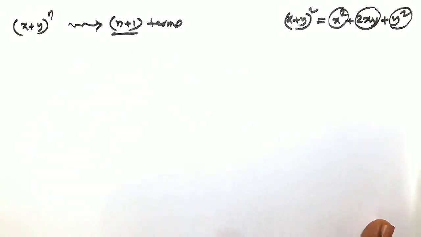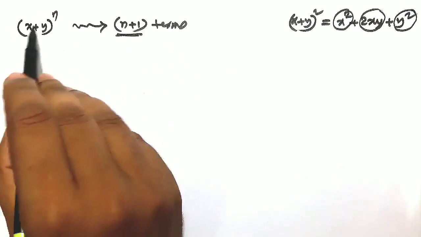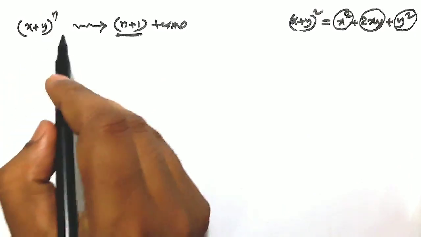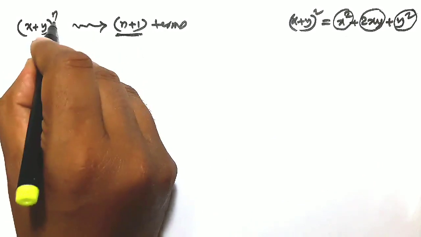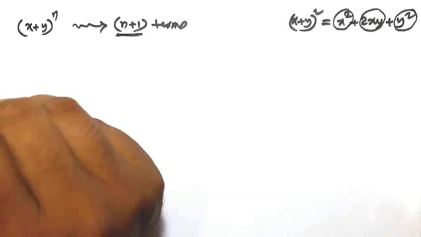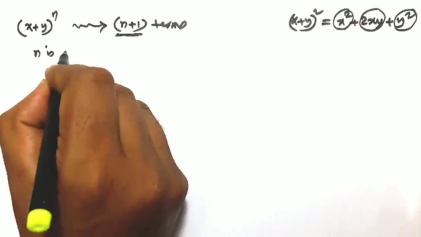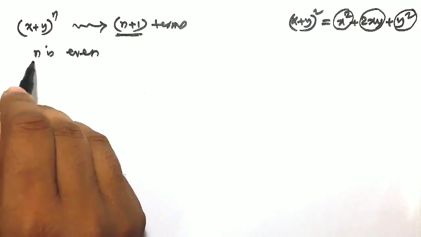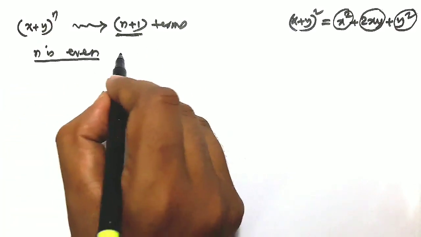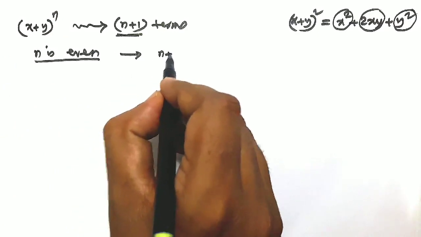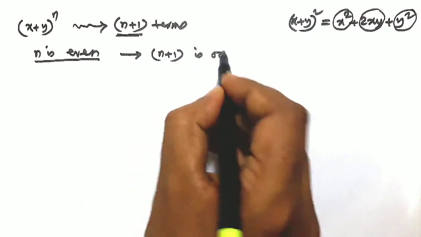Now we shall find the middle term in the expansion of (x + y)^n. Before that, n may be an even number or n may be an odd number. So first of all, we take n is even. If n is even, then obviously n + 1 is odd.